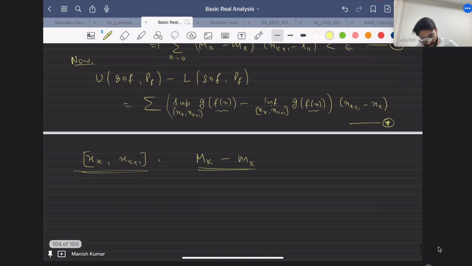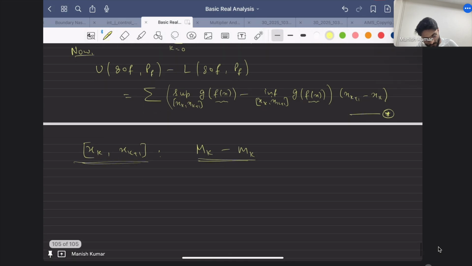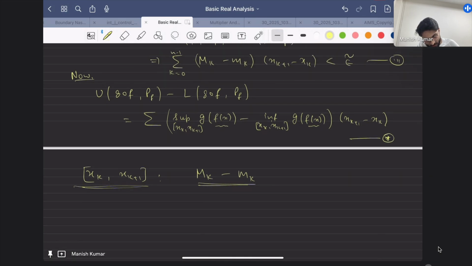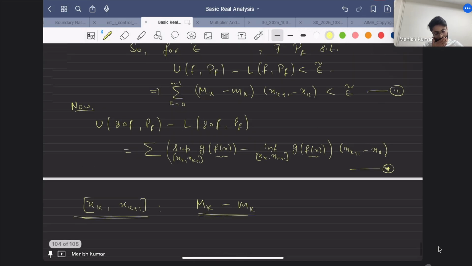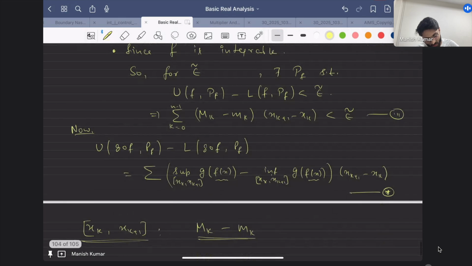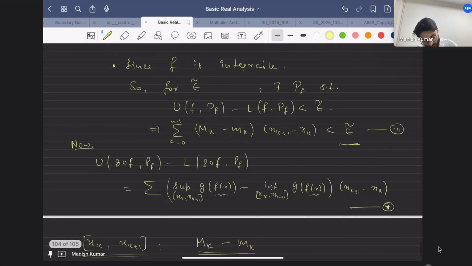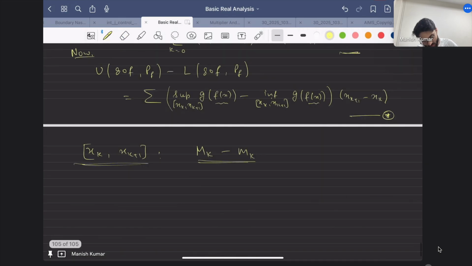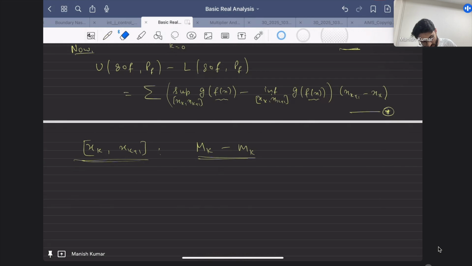So I have to somehow use this fact and the continuity. I can use continuity when I can say that f(x) and f(y) are close.